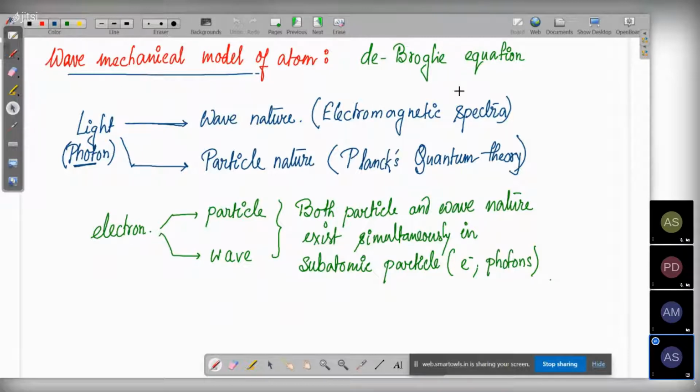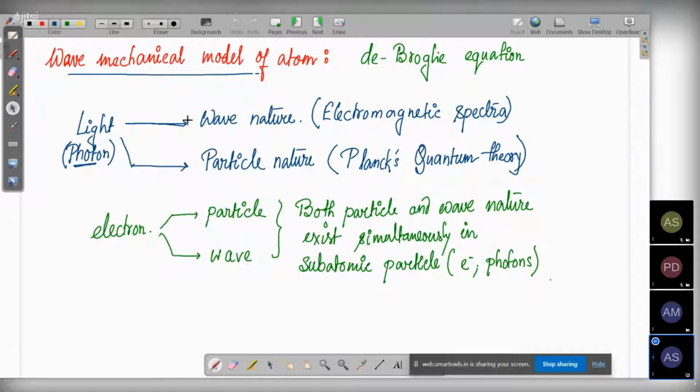So it says that light, as we know, can have both wave nature as well as particle nature.